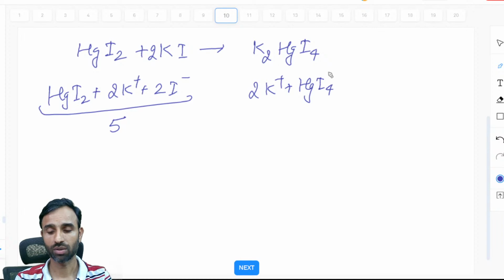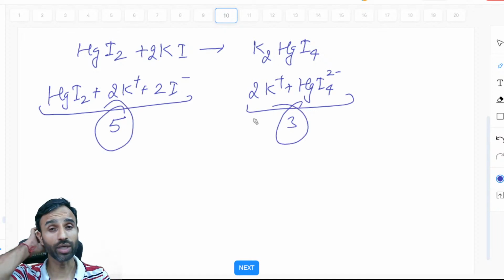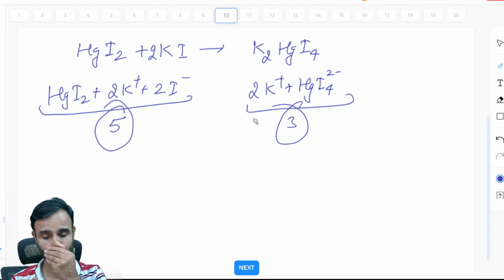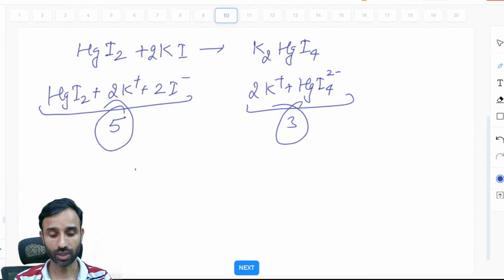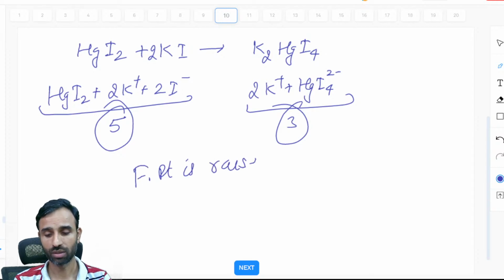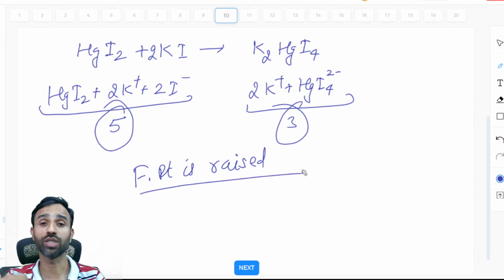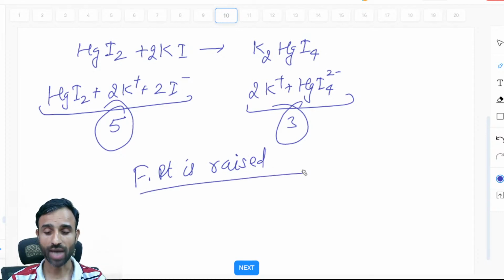That means there is a decrease in the number of particles, from 5 to 3, due to the formation of this complex. So that's why its freezing point is raised, because depression in freezing point is a colligative property. As the number of particles increases, freezing point is decreased. But here the number of particles decreased, so freezing point increases.